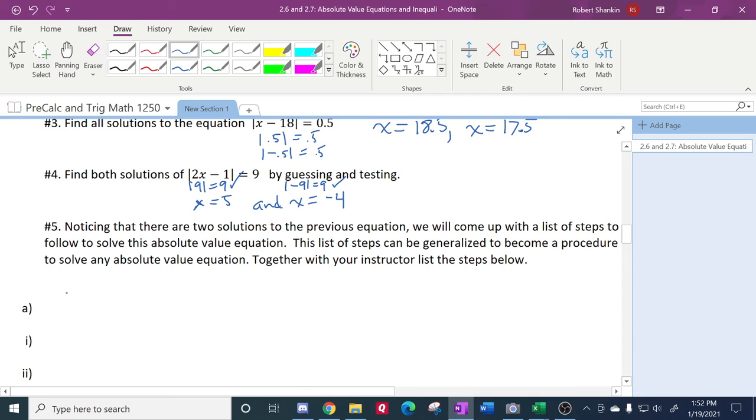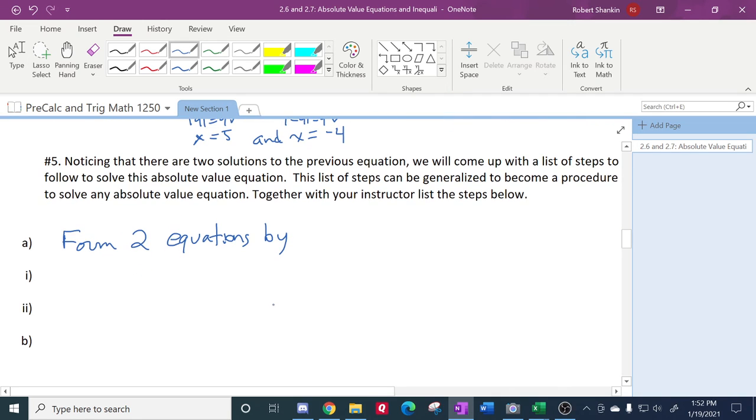All right. So we're going to do part A. We're going to form two equations. By step 1, we're going to remove the absolute value signs.